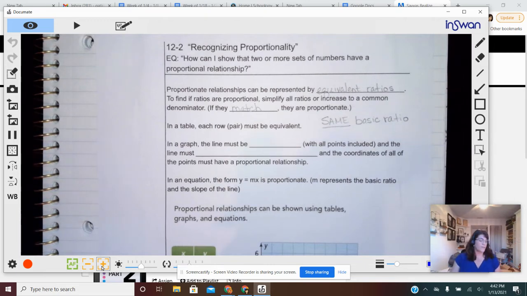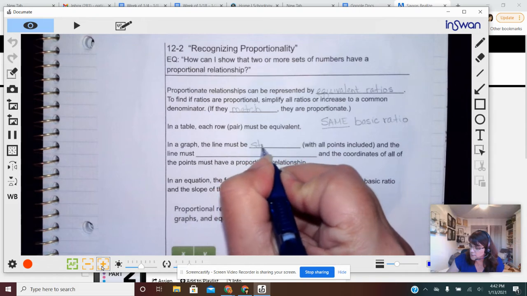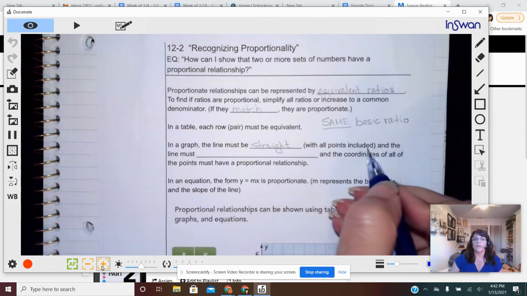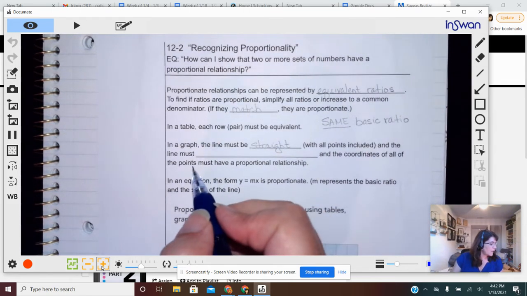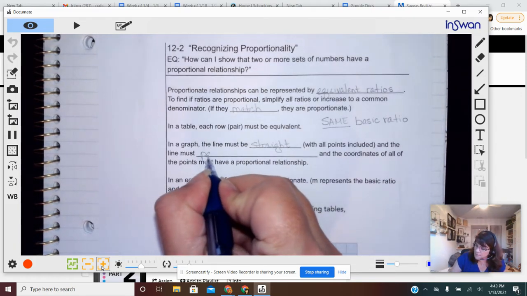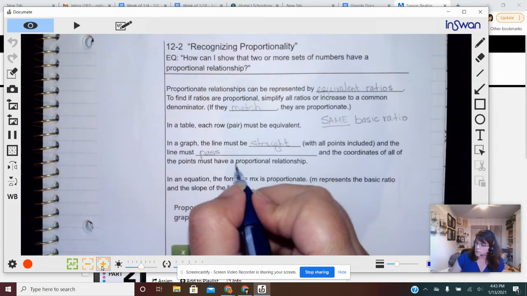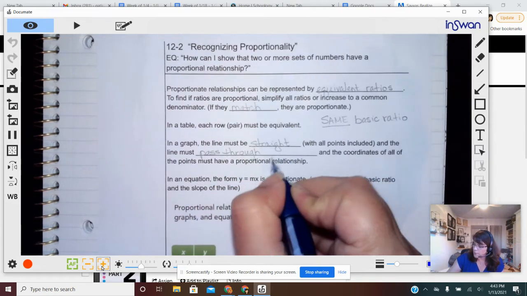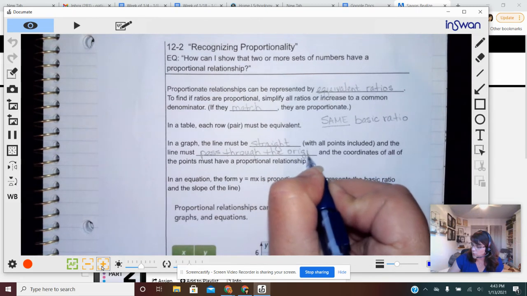If it's in a graph, the line must be straight with all points included. You can't just skip that one that didn't match. And the line must pass through the origin.